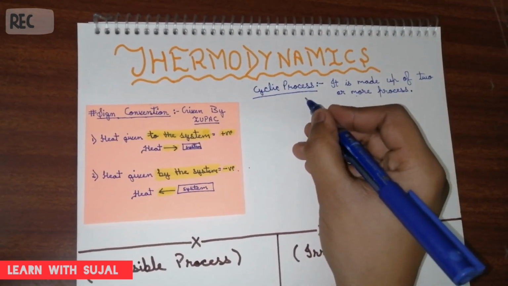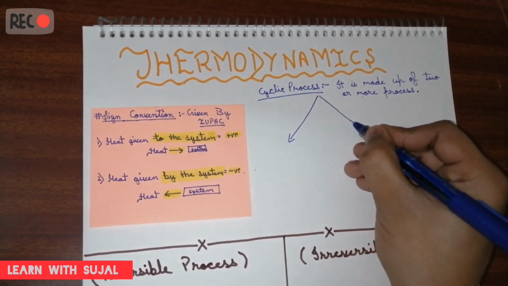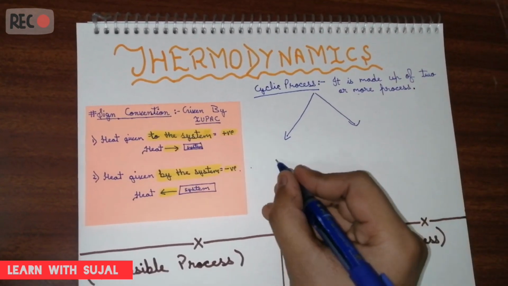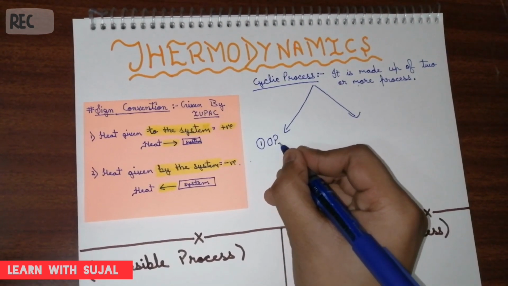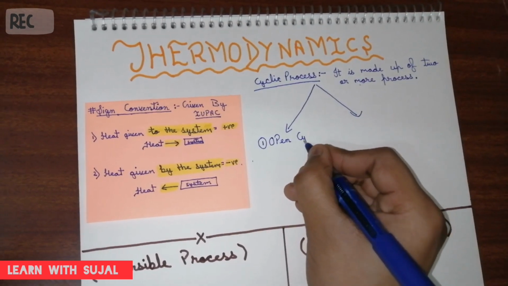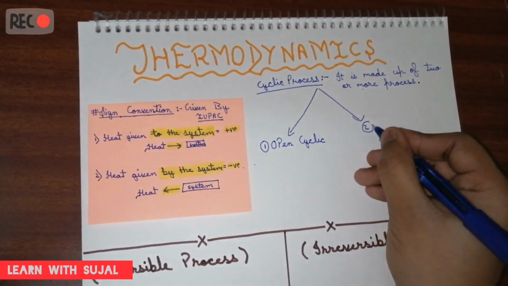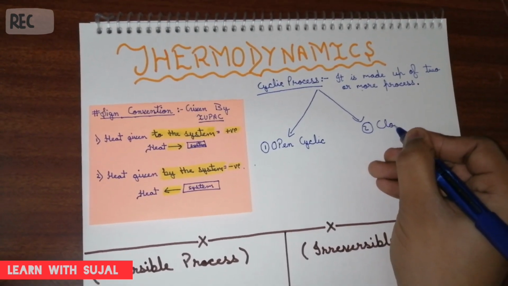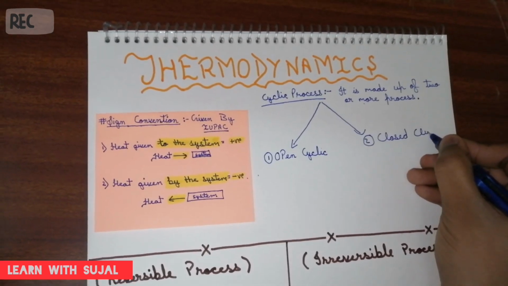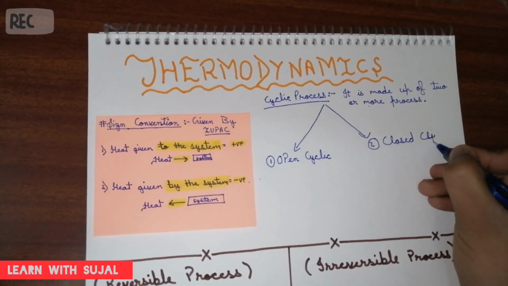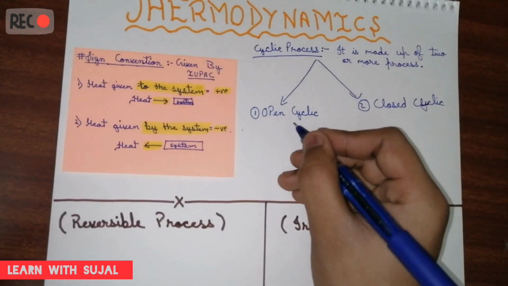Like which kind of process? There are two types: open cyclic and closed cyclic.